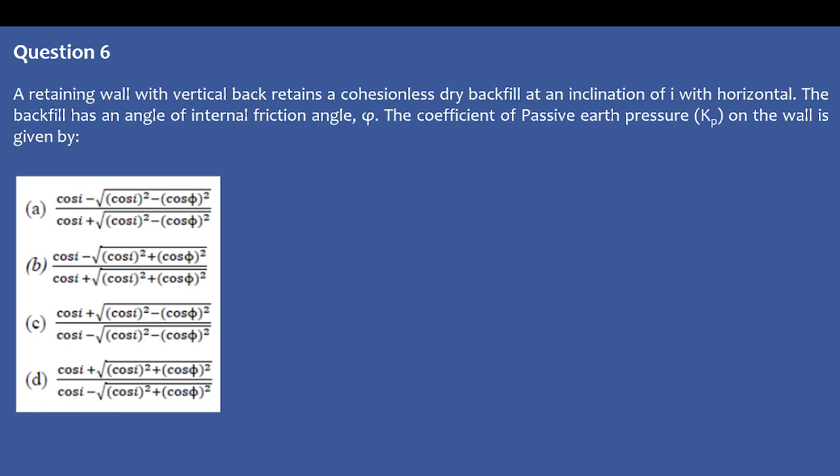So let's check the answer for this. In this case, if you have a retaining wall, there will be some soil with a particular slope above the top of the retaining wall, and it will have an inclination angle of i.